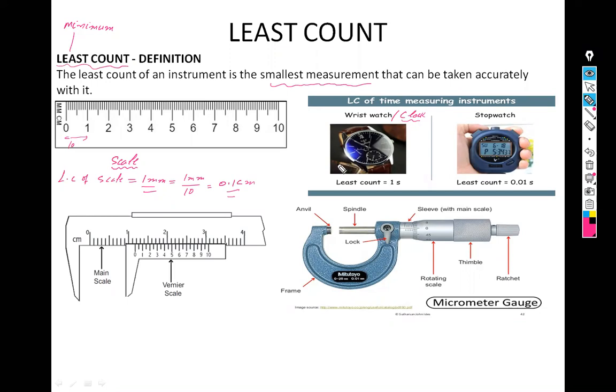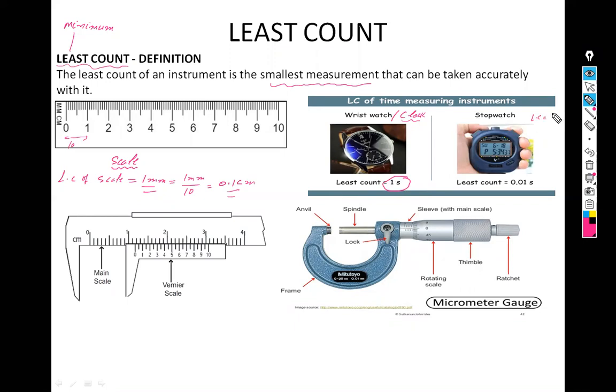This is 1 second. Less than 1 second we cannot measure with the help of a wristwatch or a clock. It means the least count of your wristwatch or clock is 1 second.